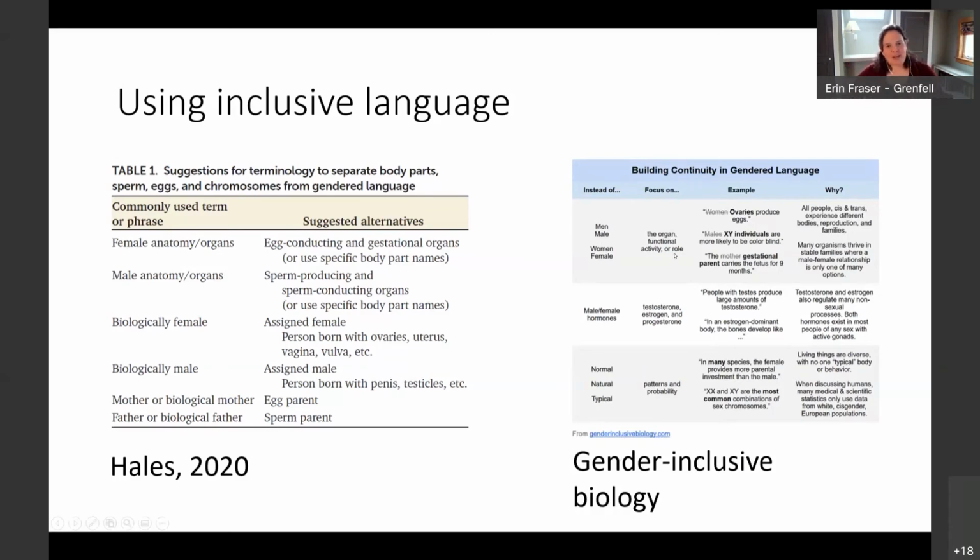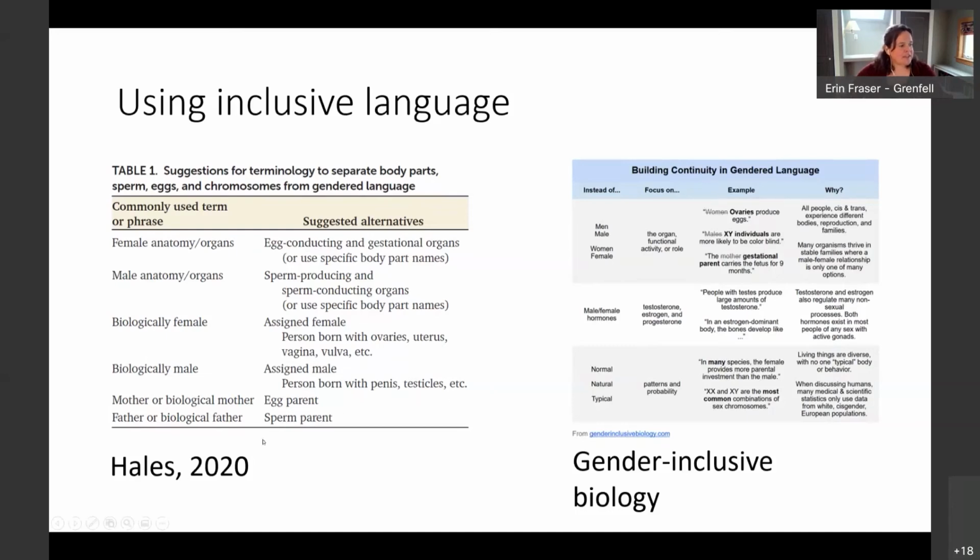Then we can reframe our classes to, instead of saying women produce eggs, say, well, actually ovaries produce eggs. Or we can talk about people with different sex chromosome karyotypes according to what their sex chromosomes are, because that is really what is the relevant information in a first year biology class.